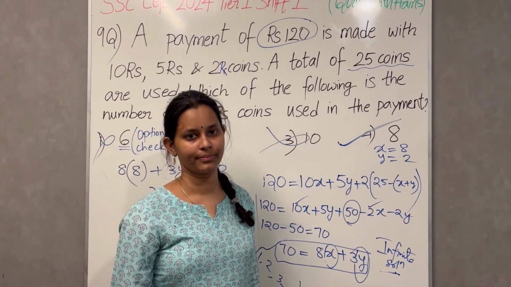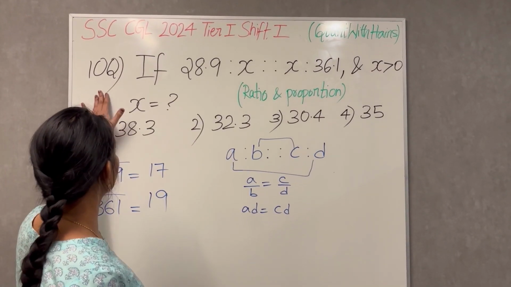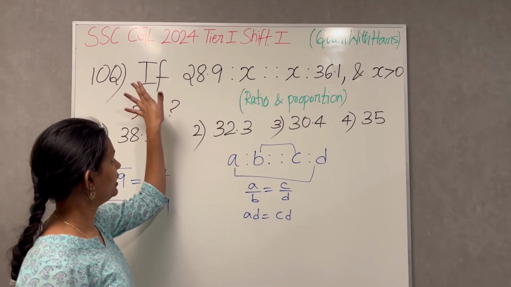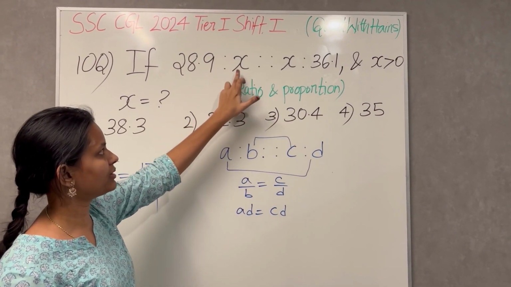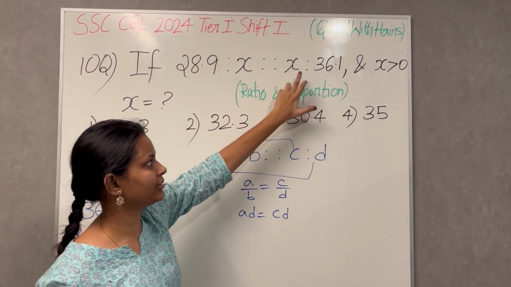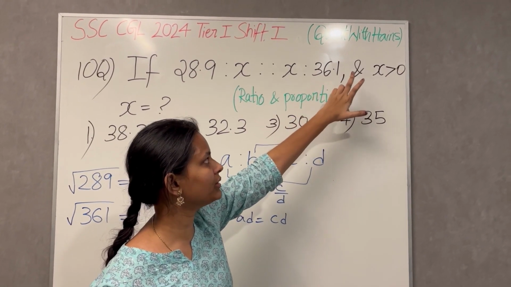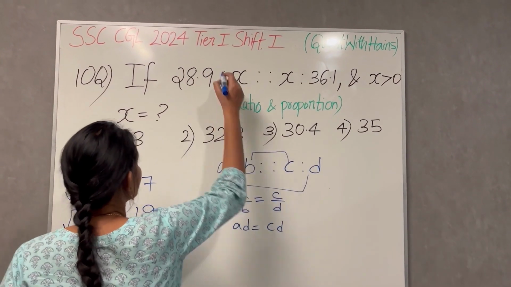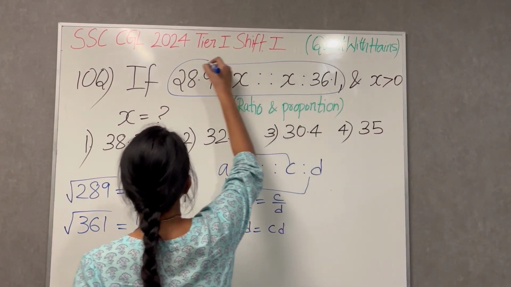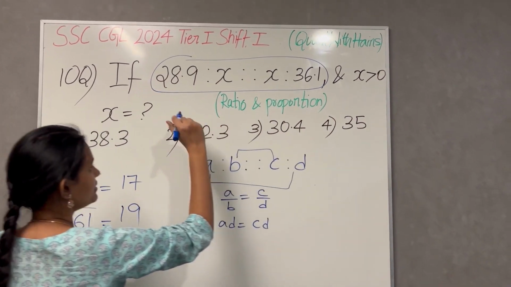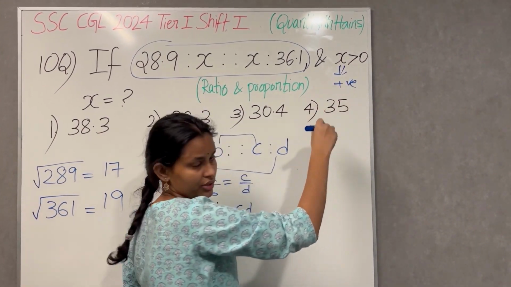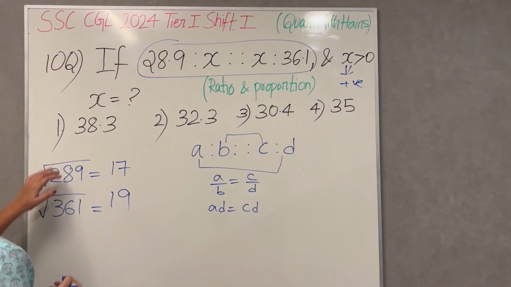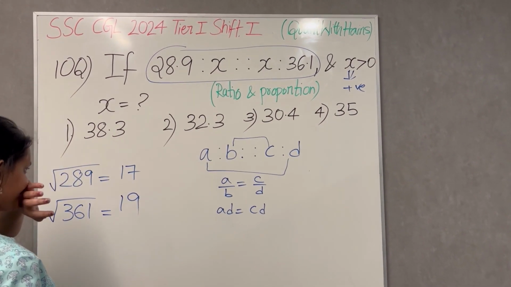Thank you. Now coming to the 10th question of SSC CGL 2024. Here, 28.9 is to x as x is to 36.1, this is an equation, and x is greater than 0, meaning it is a positive value. X is the positive value we need to find out. So they are asking for the x value.